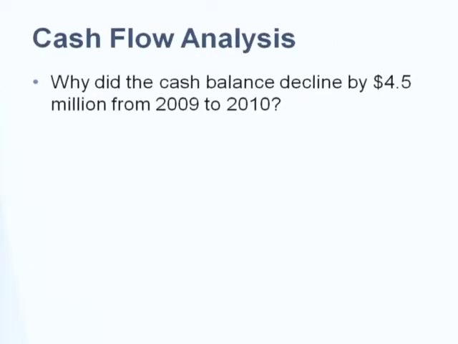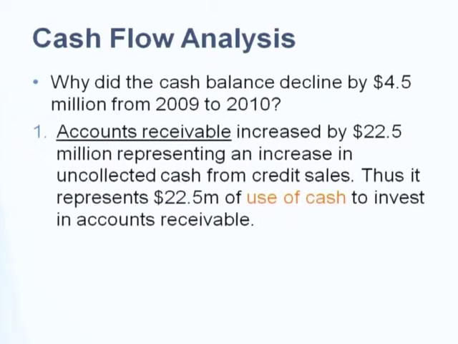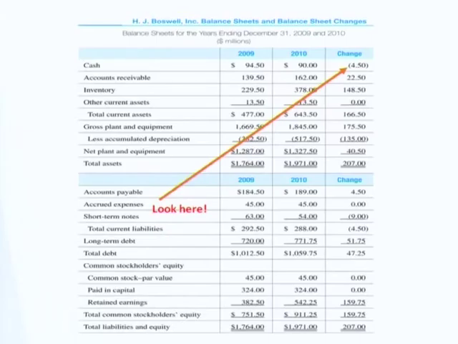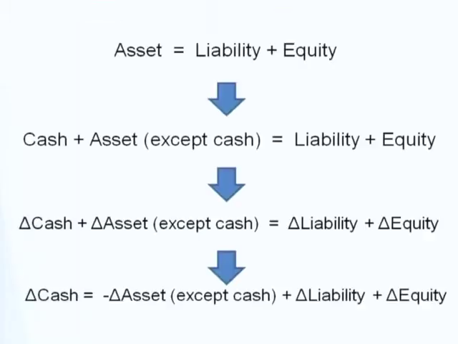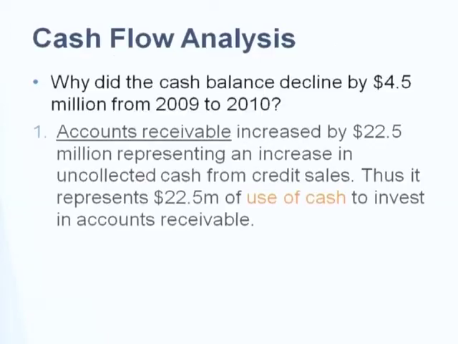Look at the first one: account receivable. Account receivable increased by 22.5. What does it mean? It means the firm used cash to invest in account receivable for the customer.